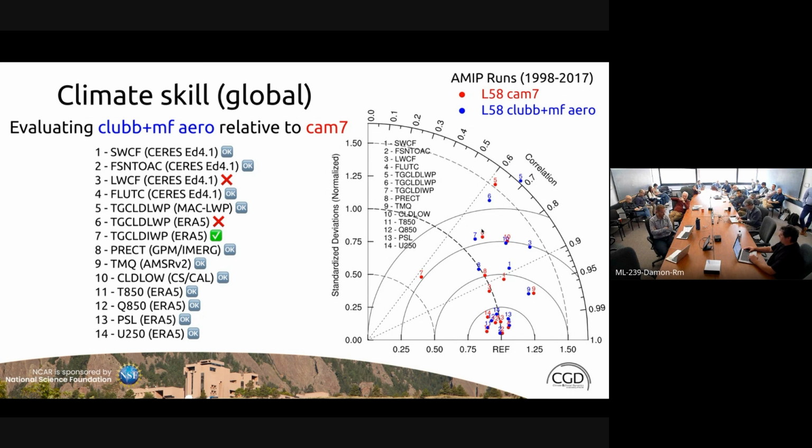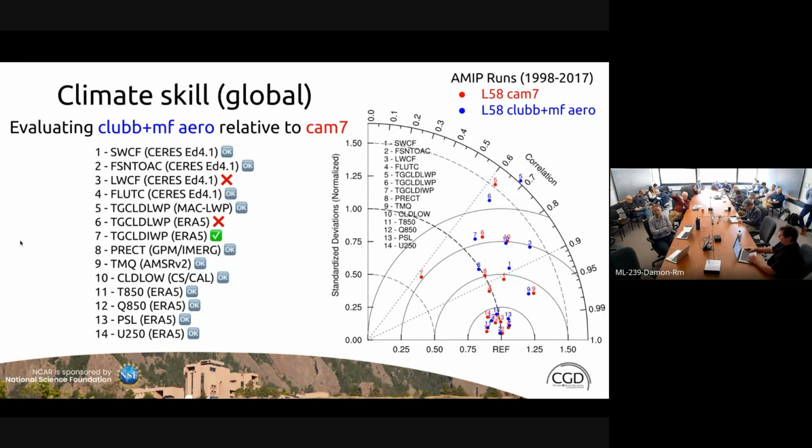So we go away again from a more reasonable pattern standard deviation to a much larger pattern standard deviation and RMSE. Those are two that are degraded, but there is one that's significantly improved in this view, and that's the ice water path. CAM7's ice water path relative to ERA5 has a pretty poor, weak pattern standard deviation, and we've improved it significantly going to ClubMF.